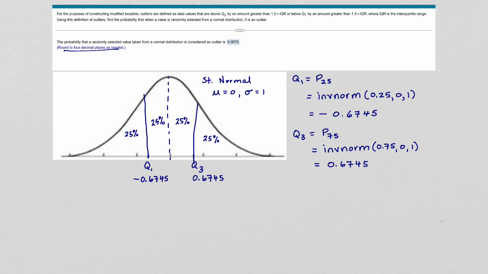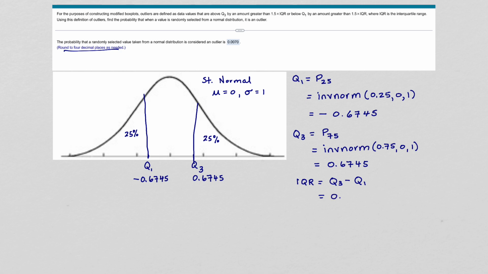I'm going to erase some of this, it's a little overwhelming, all that information there. Okay, so now we want to find the interquartile range. Well, that's just Q3 minus Q1.